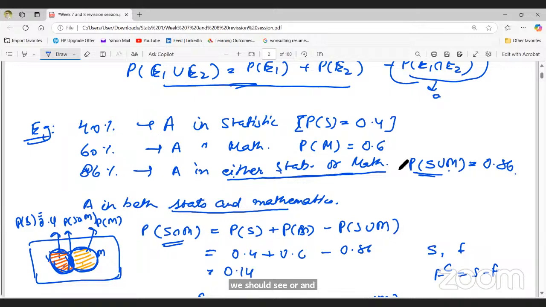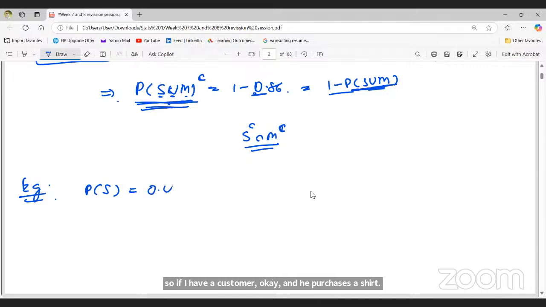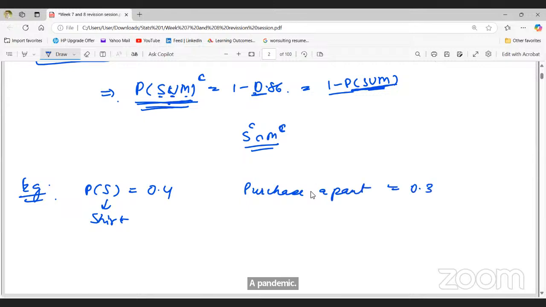Okay, let me take one more example, same as that. If I have a customer, and he purchases a shirt with probability 0.4, this is the purchase of a shirt. Similarly, the customer will purchase a pant with probability 0.3.